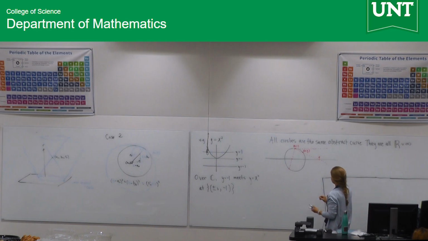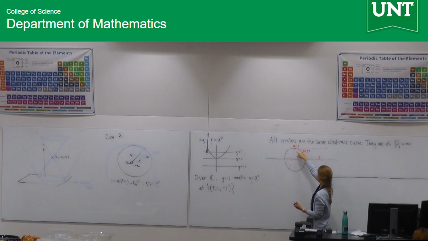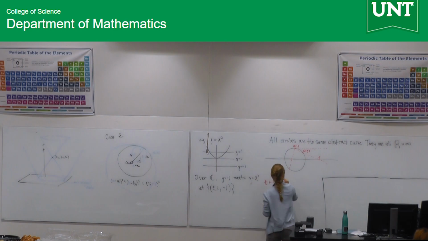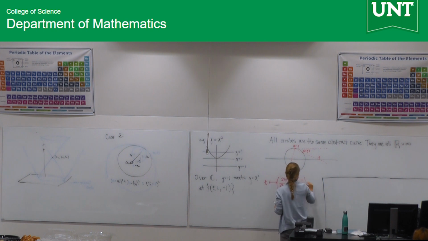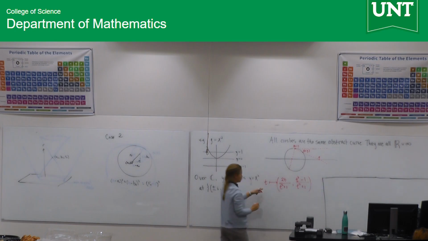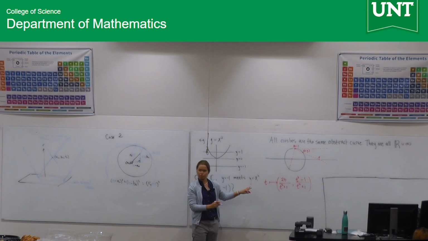You can actually write out the rules for this map. You can calculate what this t is in terms of x and y. And you can also write down the inverse map, which I'll show you: t goes to 2t over t squared plus 1, comma, t squared minus 1 over t squared plus 1. This is called the rational parameterization of the circle.